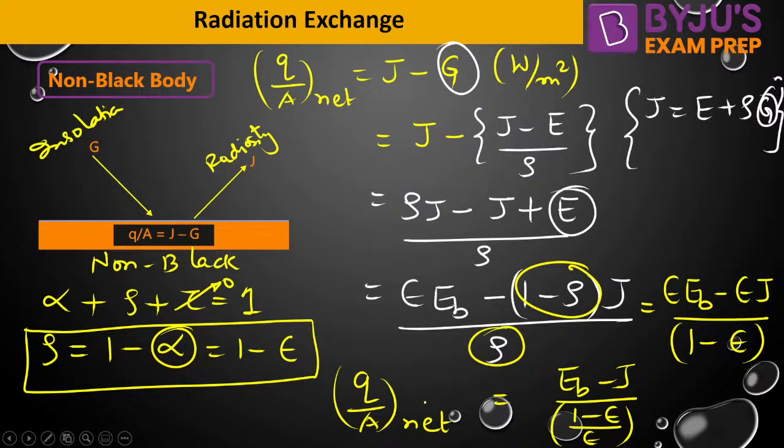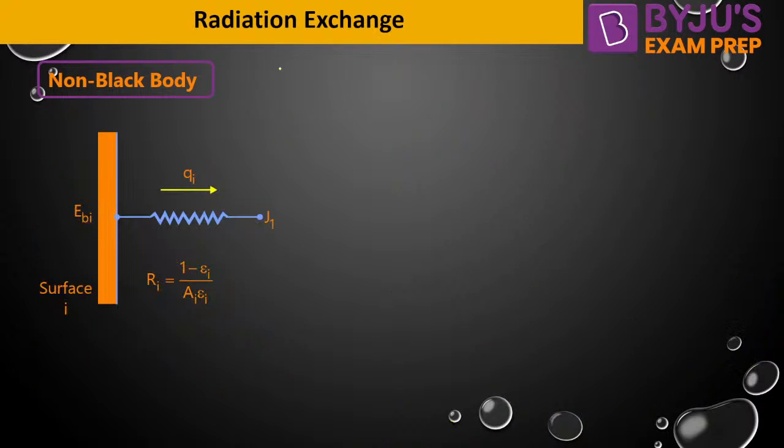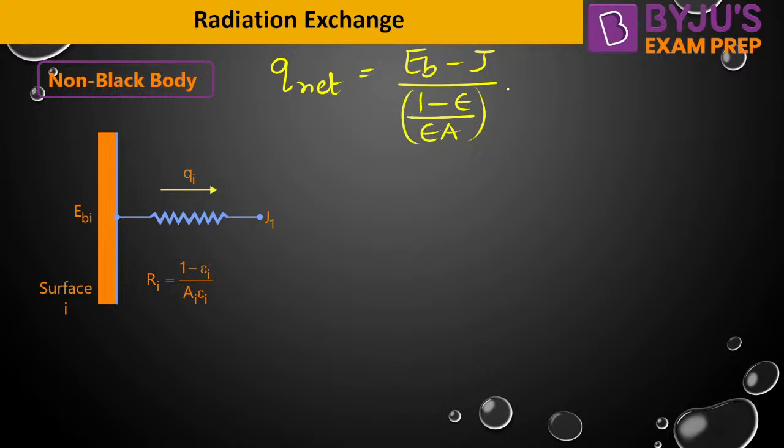And Q net, the net radiation heat transfer from the surface, is EB minus J upon (1 minus epsilon) upon epsilon A. The unit is watt, and this is called the surface resistance for the non-black surface. For a black surface, the surface resistance will not be there. The unit is again meter to the power minus 2.